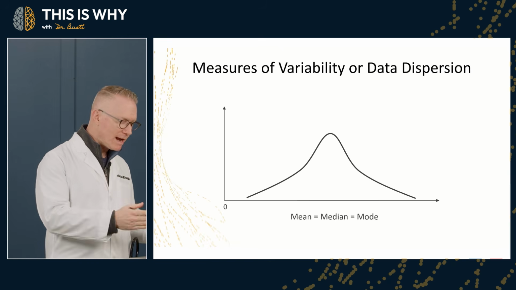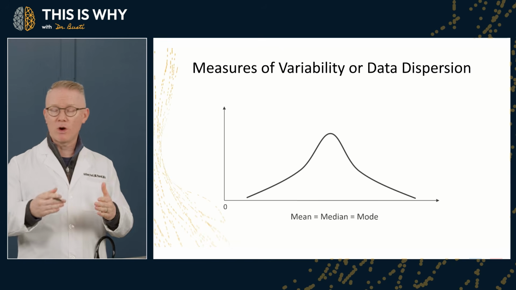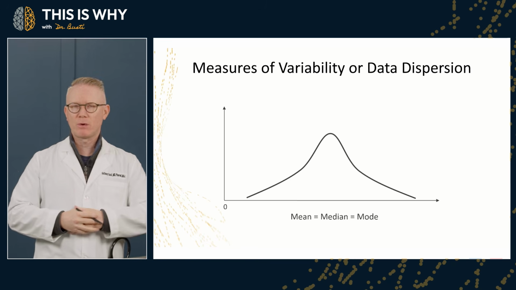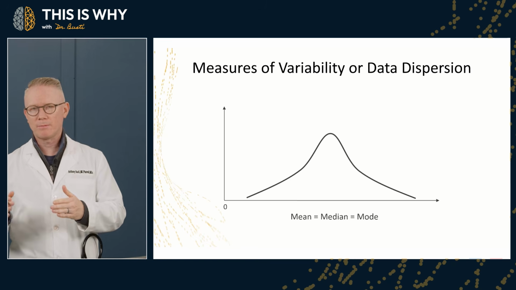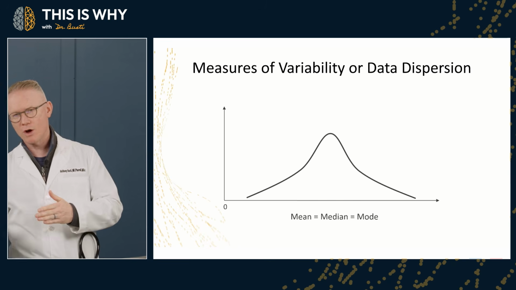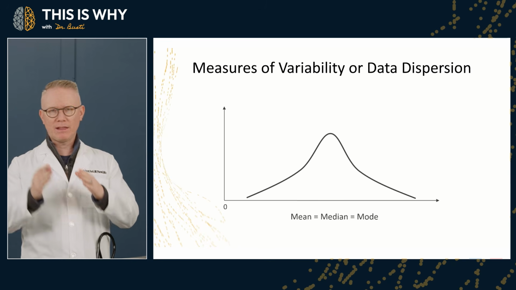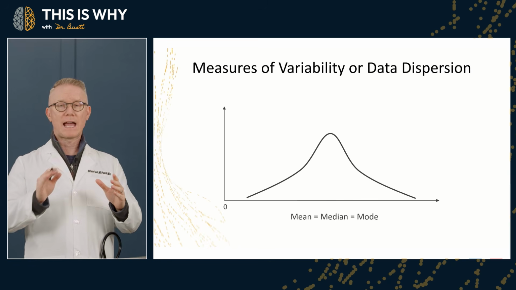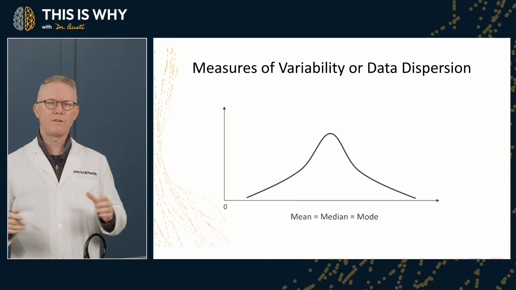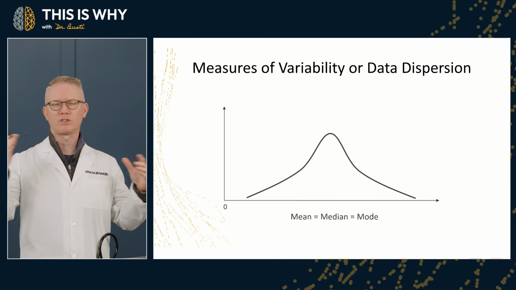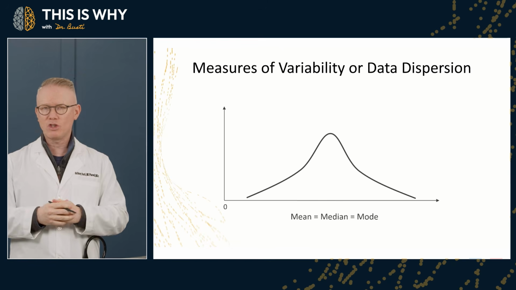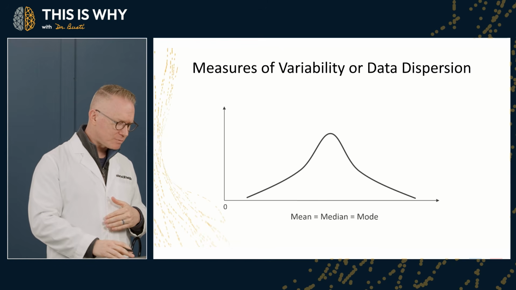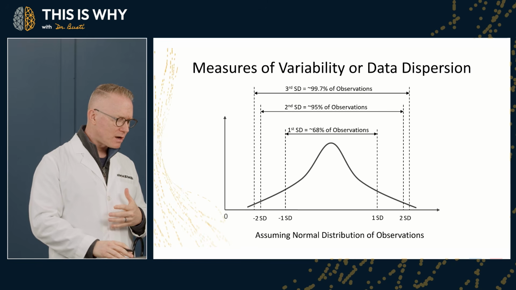So when you line up the mean and the median and the mode, they are roughly equal. I know on this diagram it says mean equals median equals mode. It doesn't have to be the exact number, but it's so relatively close that there's no skewing of the curve or the distribution or the histogram of the data that you are assessing. So that data dispersion is allowing us to see it.